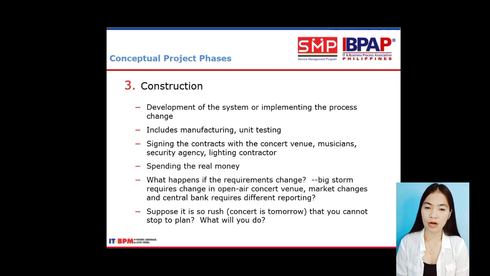What happens if the requirements change? Big storm requires change in venue, concert venue, market changes, and central bank requires different reporting. Suppose the concert is tomorrow and you cannot stop to plan. What will you do?